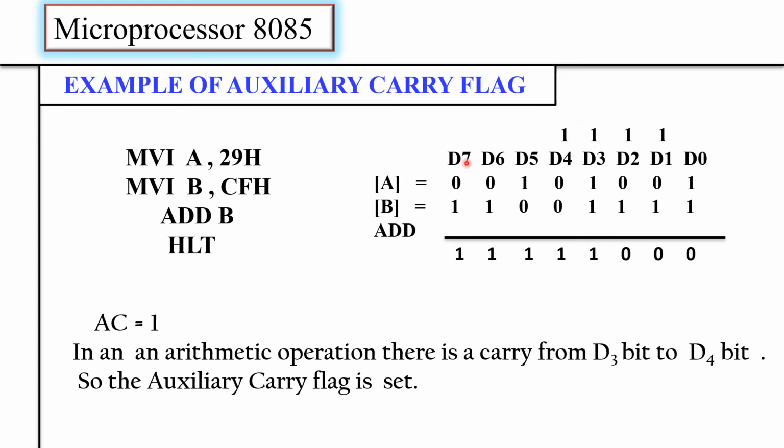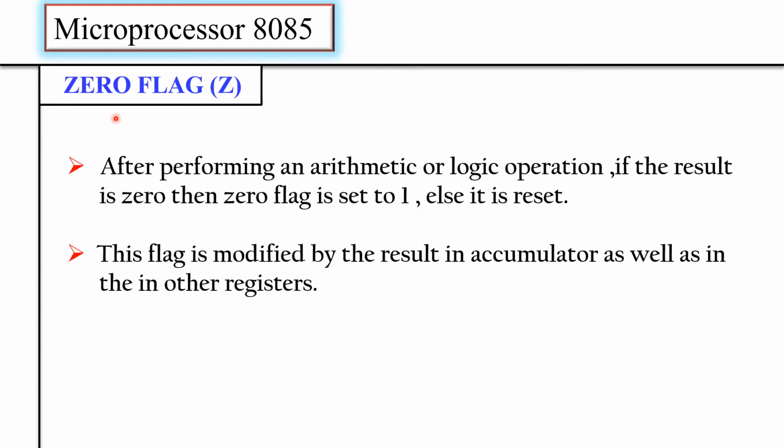So the auxiliary carry flag is set to 1, so AC flag is equal to 1. In an arithmetic operation, when there is a carry generated from the D3 bit to the D4 bit, the auxiliary carry flag is set. Clear?